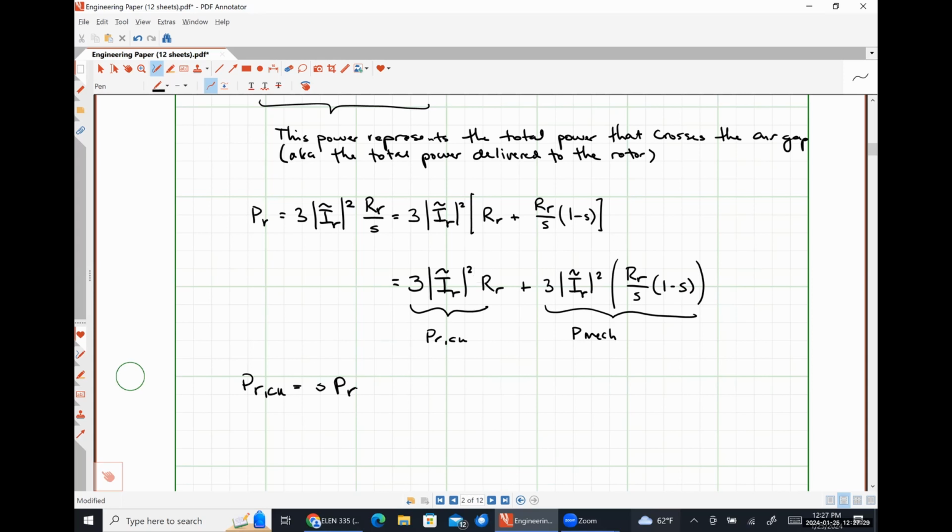So if we multiplied that P_R expression, the leftmost representation, by a factor of S, we literally just get our equation for our copper losses.